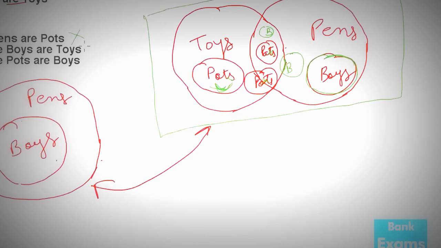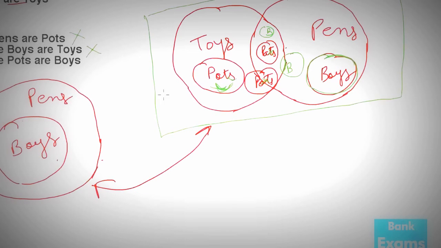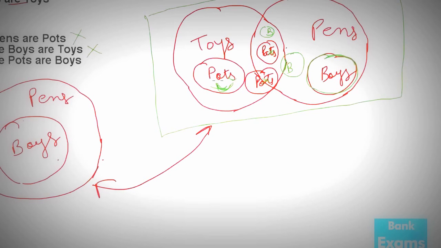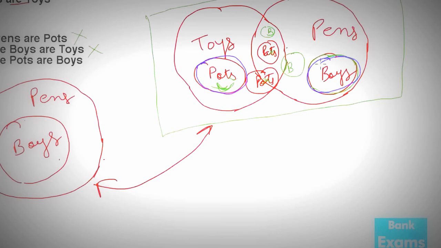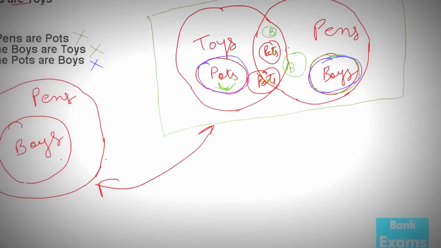So this conclusion is not followed. Some pots are boys. There is a possibility, but this can't be concluded. If the circle pot is here, and the circle boy is here, then this conclusion is not followed. So none of the conclusions are followed.